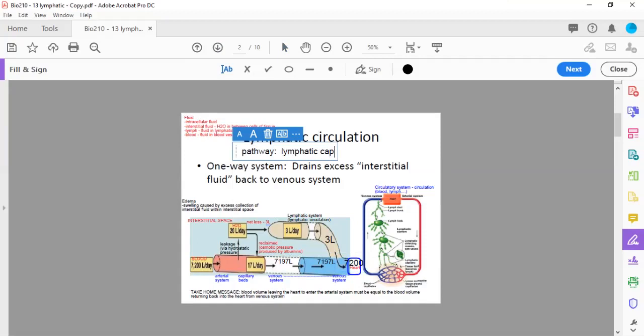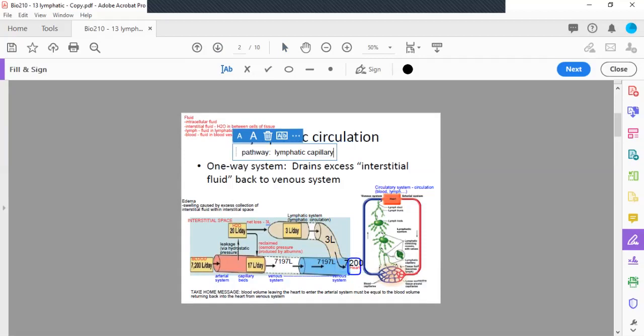I'm gonna make it smaller so you guys can see this. And from the lymphatic capillary, it goes into what's known as the afferent lymphatic collecting vessels.